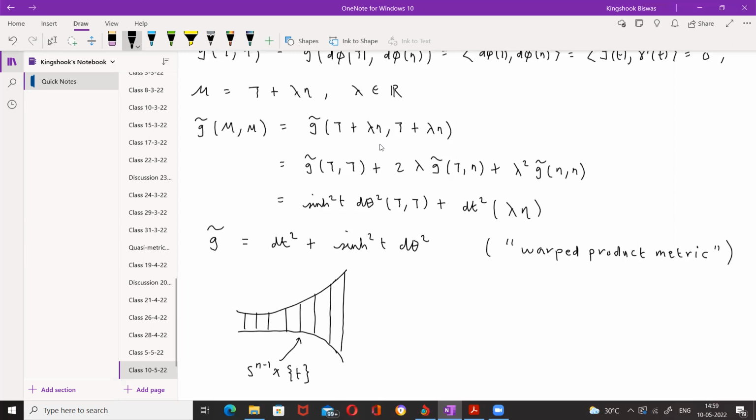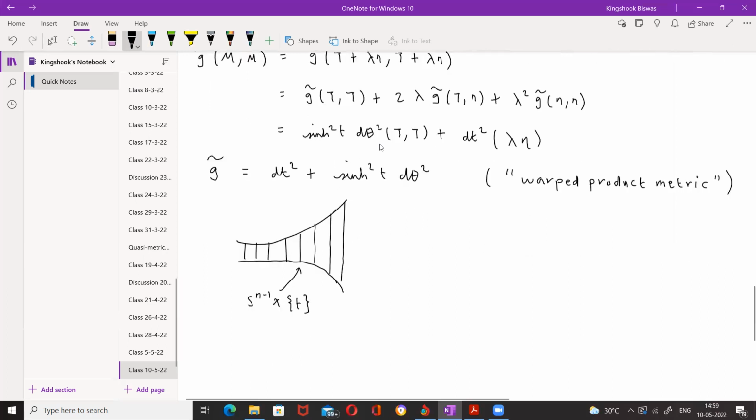These are fibers over a base, and you have a base which is (0, infinity). And this is S^(n-1) cross (0, infinity).